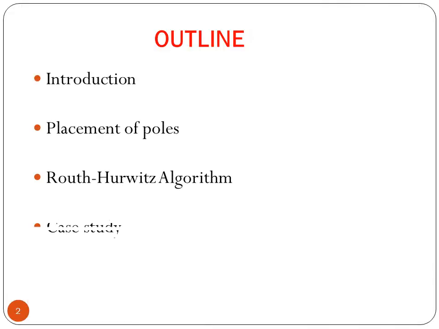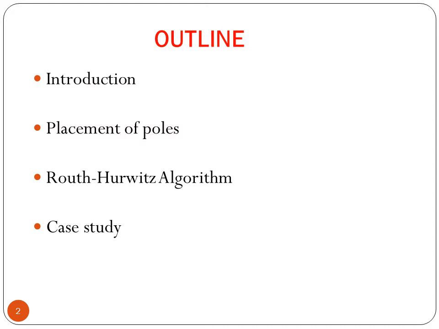The outline of this presentation is as follows. We first will present an introduction of the stability. Second, we'll go through the first and the easiest stability method, which is the placement of poles. Here we calculate the closed loop poles, and based on these poles, we can directly define if the system is stable or not.